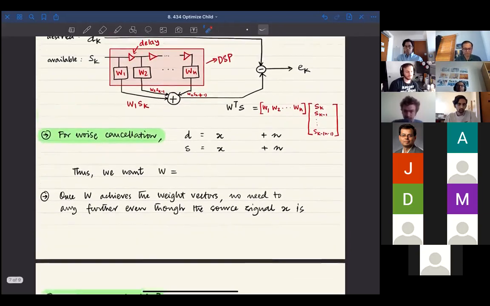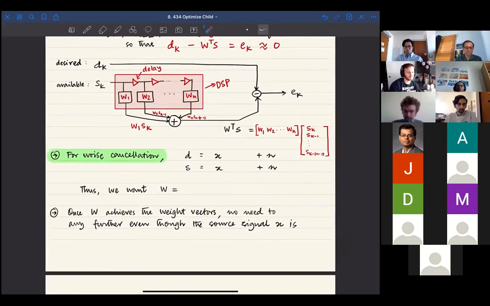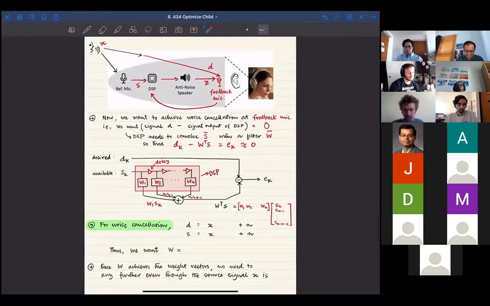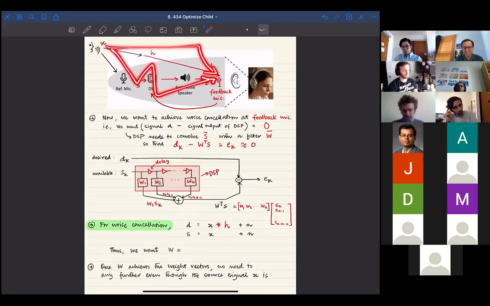Okay. So for noise cancellation, D is basically X convolved with some H. Basically, H is the channel over here. What does H mean? H means it's a multipath channel. There are all kinds of reflections that are coming together.